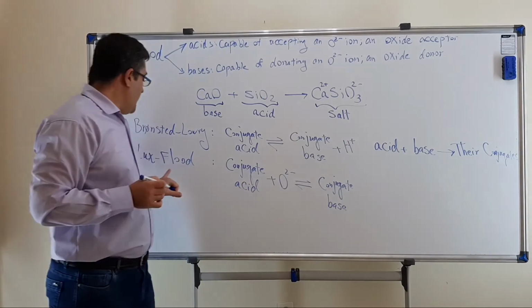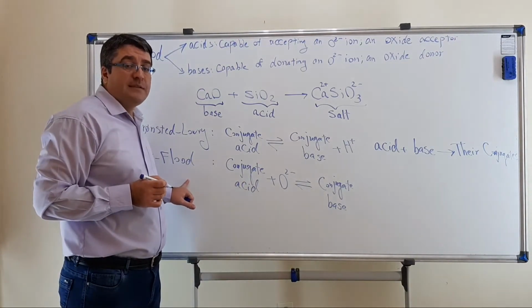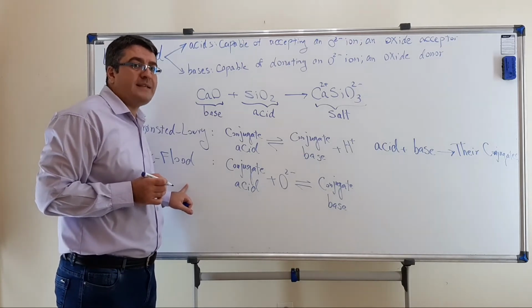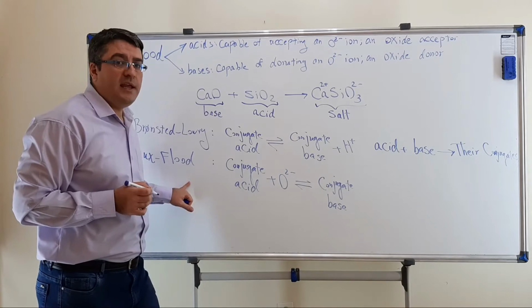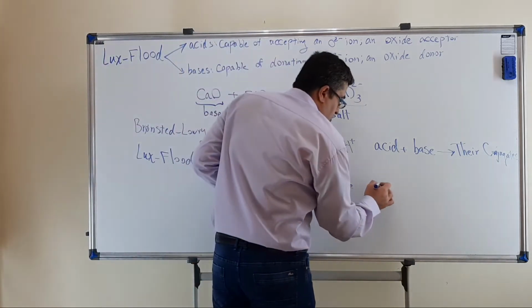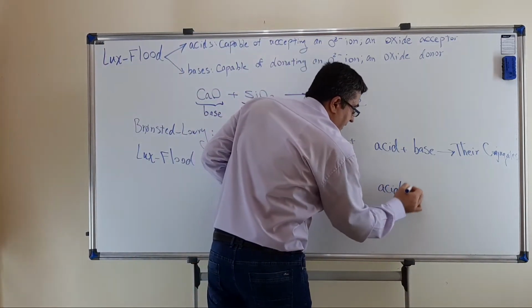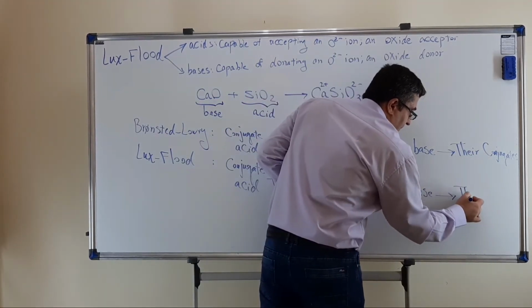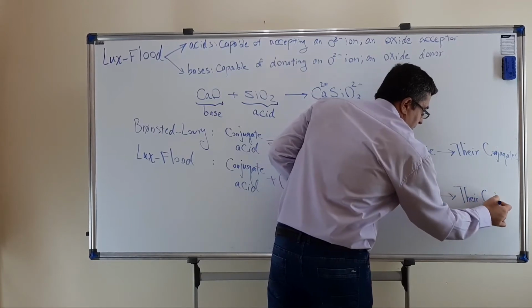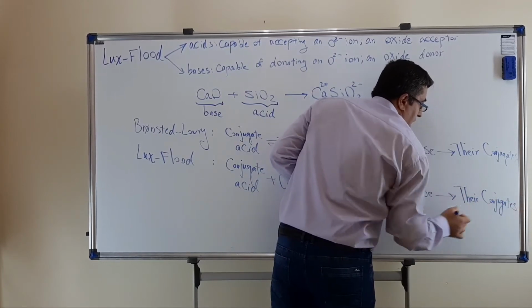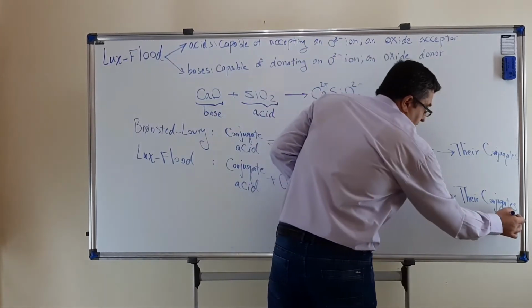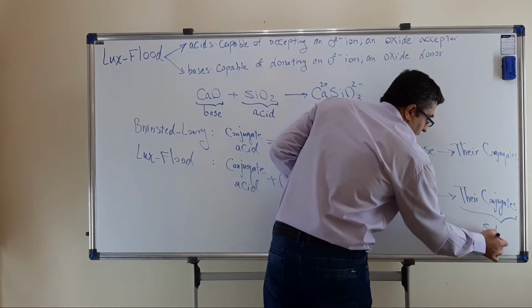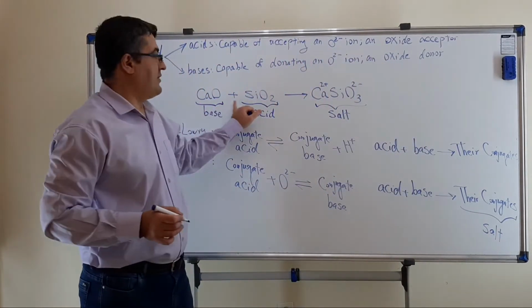Similarly, based on the Lux-Flood acid-base theory, in an acid-base reaction, we have transfer of O2-, this time from bases to acids, yielding again their conjugates. So, based on the Lux-Flood acid-base theory, we have this. Here, we usually have their conjugates in the form of a salt, like this reaction.